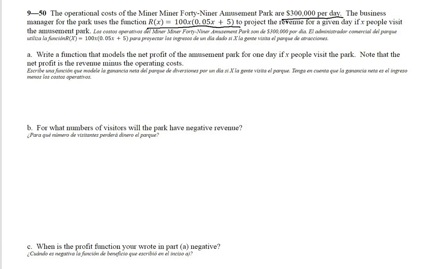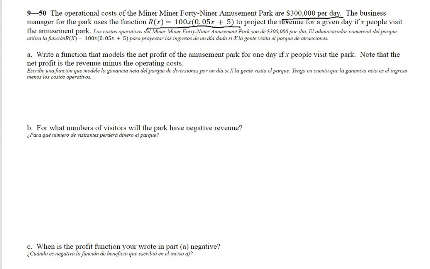For part A, we're going to write a function that models the net profits of the amusement park for one day if x people visit the park. Note that net profit is the revenue minus the operating costs.